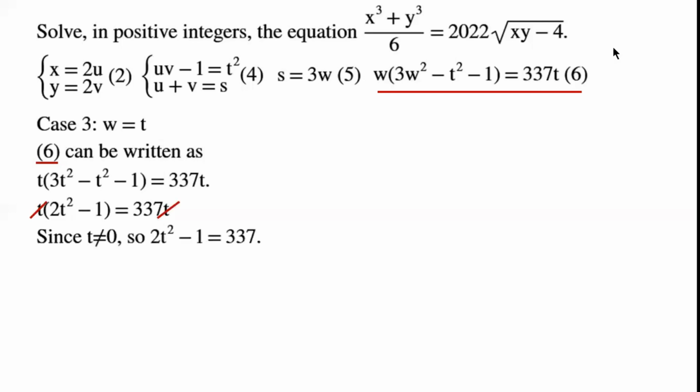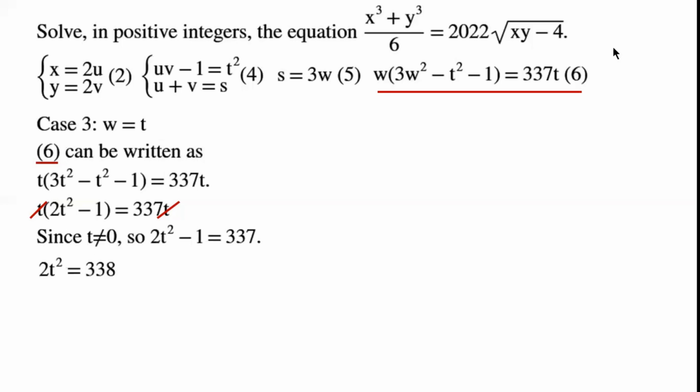Since t doesn't equal 0, so 2t squared minus 1 equals 337.